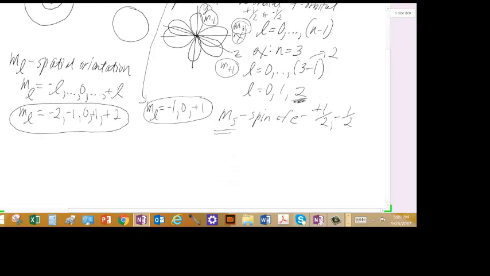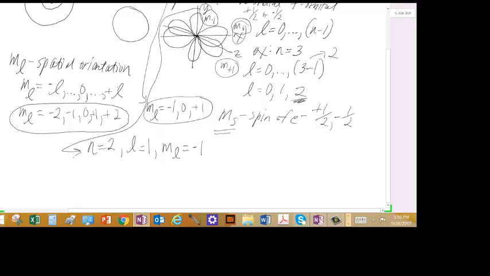So remember, it's a p orbital, so L is equal to 1. If n is equal to 2, L is equal to 1, M sub L is equal to -1, so let's pick the y suborbital to look at.